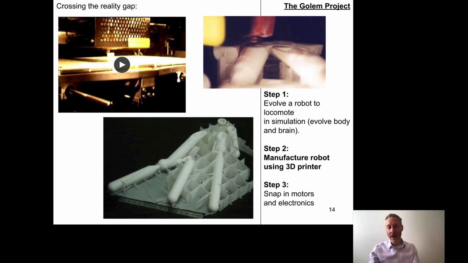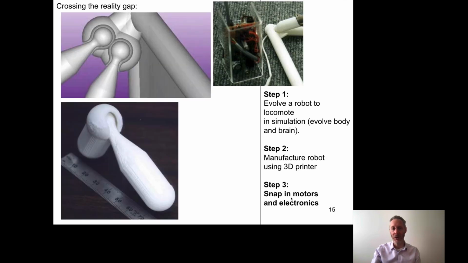You'll notice that depending on the 3D structure, the 3D printer also has to deposit some thinner material that acts as support for the pieces actually being printed. Back in 2000, they would then immerse this piece of plastic in a bath, which would slowly dissolve away the thinner plastic and leave the hollow cylinders behind. Snap in the motors and electronics, and off you go.